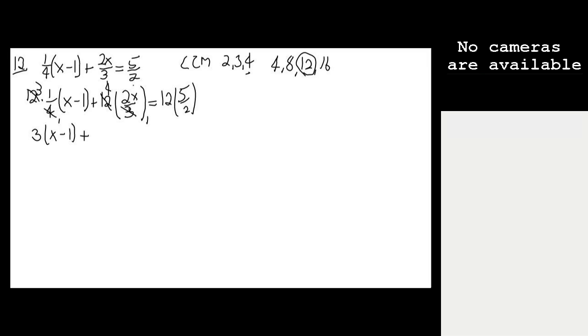And I'll see the lowest one that all of these divide into. 3 doesn't divide into 8, so we can't use it. 3 doesn't divide into 16, so we also can't use that. What about 24? 3 divides into 24. 4 divides into 24. And so does 8. So our lowest common multiple here is 24.